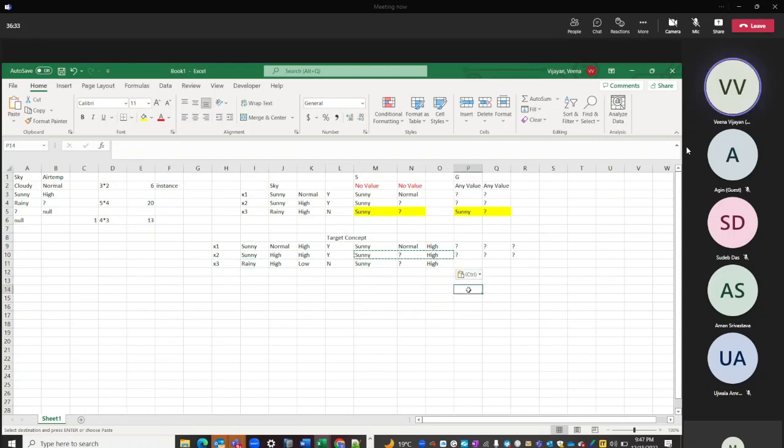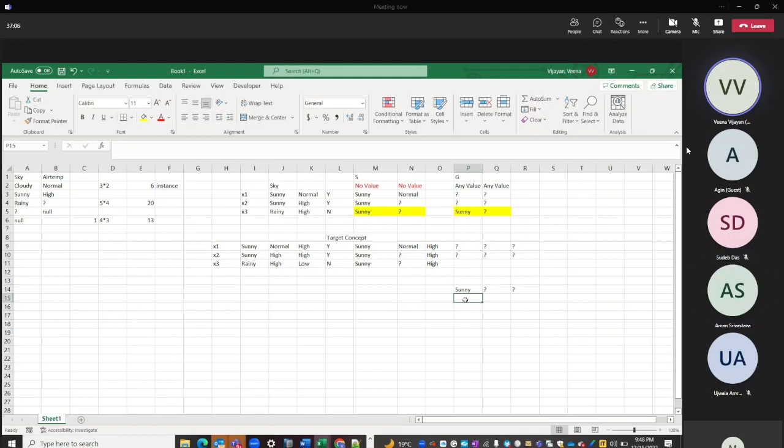So the first hypothesis we will be framing, here we have multiple hypotheses: sunny, any. This is one generic hypothesis. The second case is, we are taking high. High we are not able to compare, so we will ignore it, because high is yes, high is a no also. So we will just ignore that case. The third case is high, low. Low is a negative case.